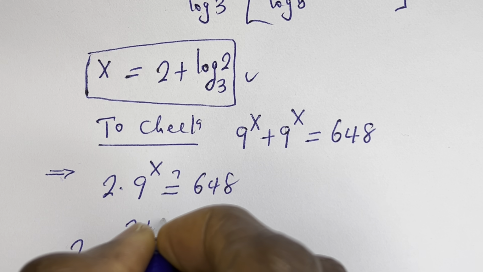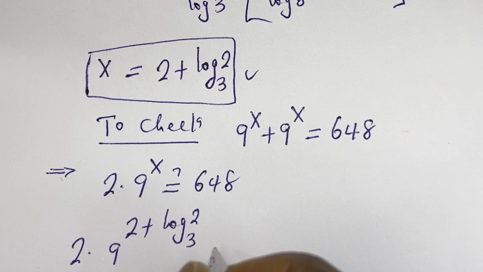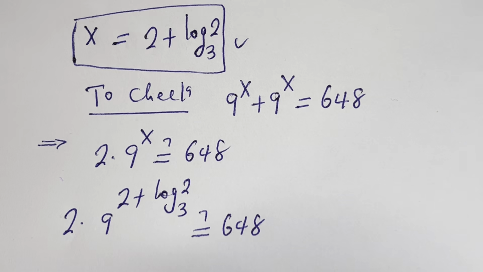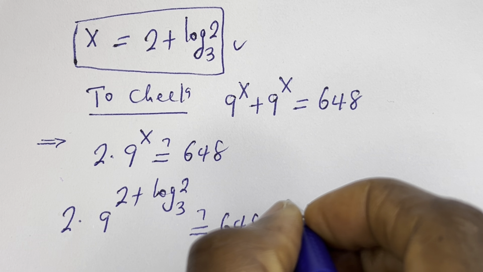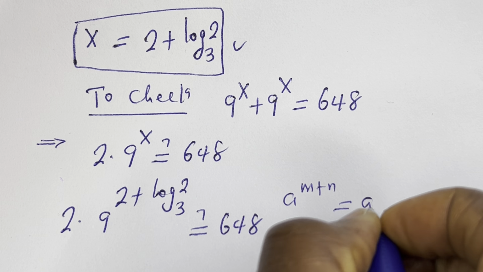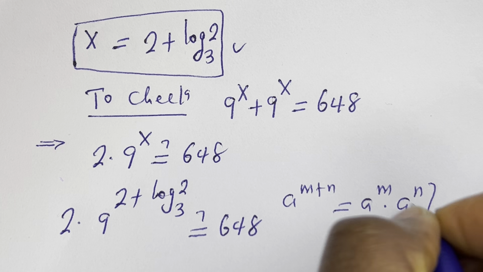2 plus log 2 base 3 must be equal to 648. Take note of this, that if you have a to the power of m plus n, this is equal to a to the power of m multiplied by a to the power of n.